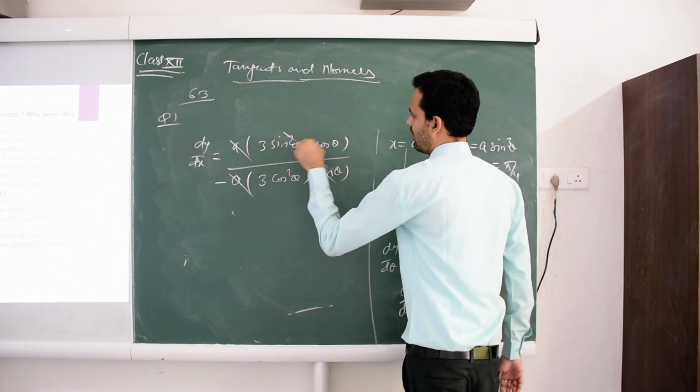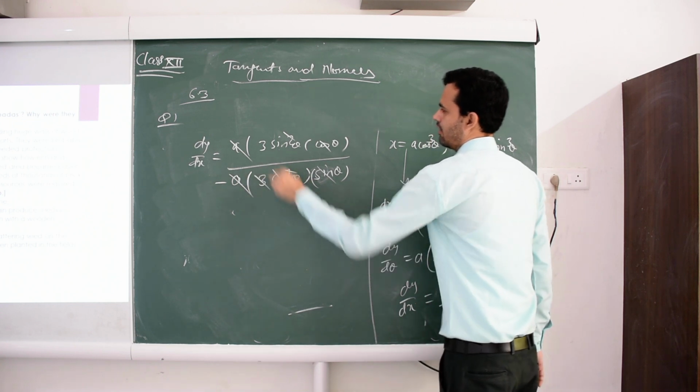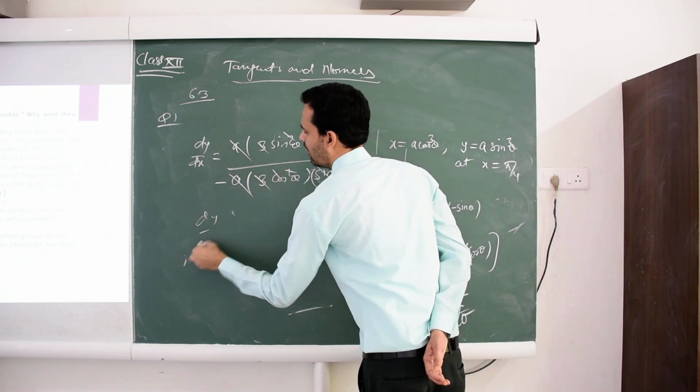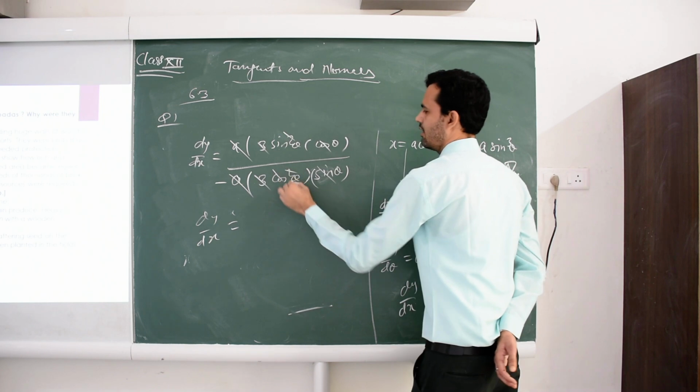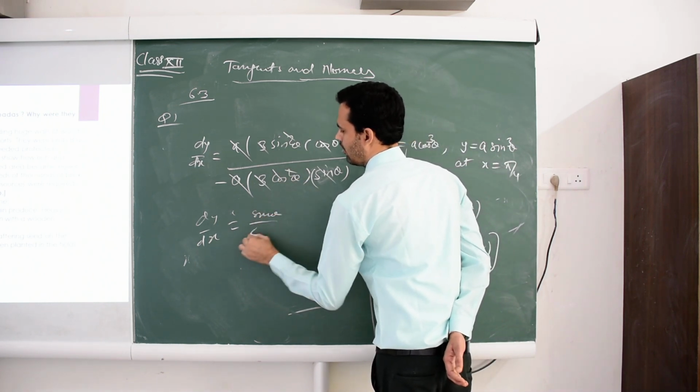So sin theta cancels, cos theta cancels, 3 cancels, a cancels. So dy by dx is minus sin theta upon cos theta.